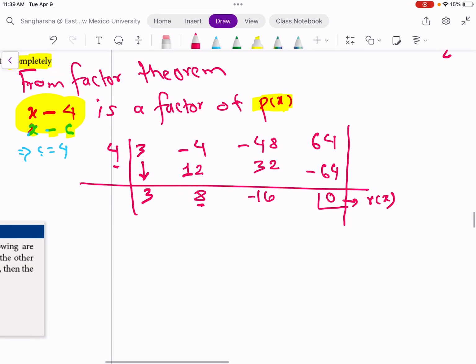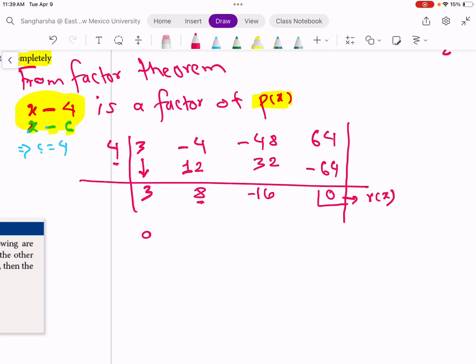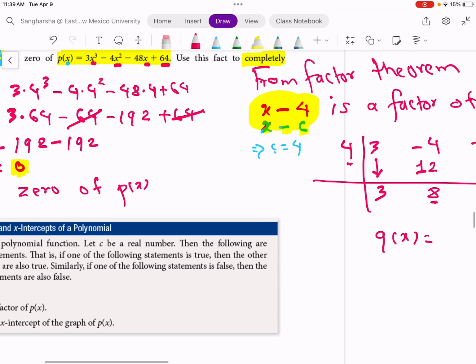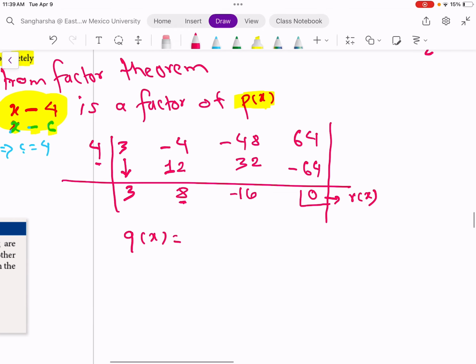Now our quotient q of x. Before that we need to know the degree. What is the degree of p of x? 3. So if the degree of p of x is 3, the degree of the quotient will be less by 1. It means 2. So to have a degree 2, our leading term must have an x square term as the first term.